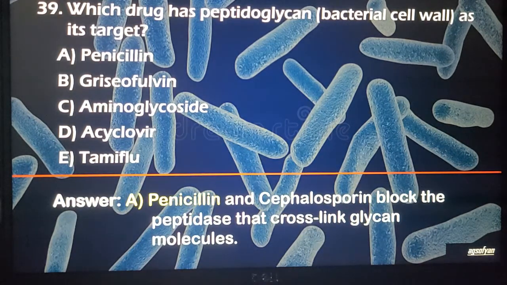Yes, the answer will be penicillin. So the penicillin group, like penicillin and cephalosporins, and vancomycin, are a group of antibiotics that destroy the bacterial cell wall. Okay, mostly used for gram-positive bacteria.